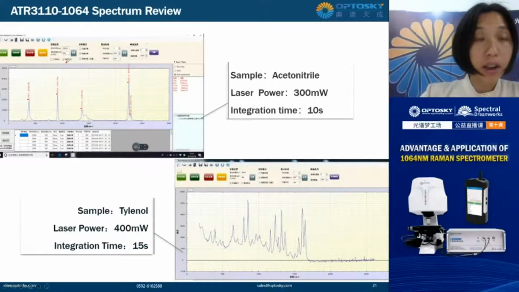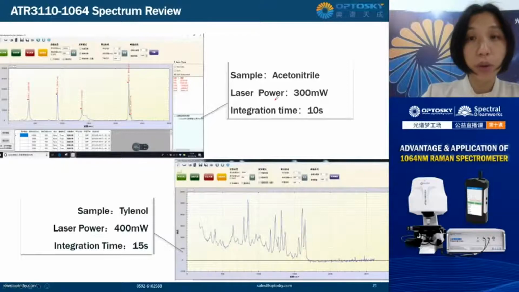And also you can see ATR 3110 1064 spectrum review. You can see this is the acetyl nitrile, and it uses the laser 300 microwatts, and integration time is 10 seconds.